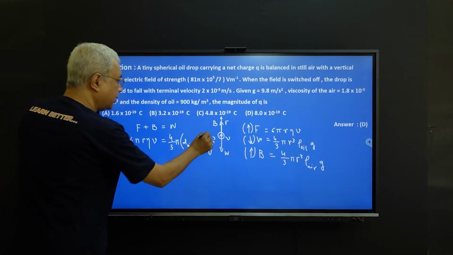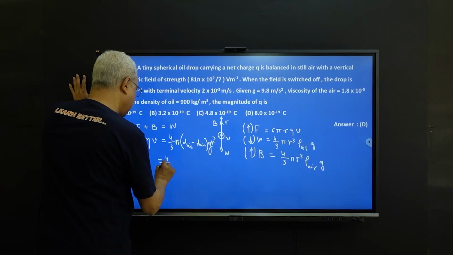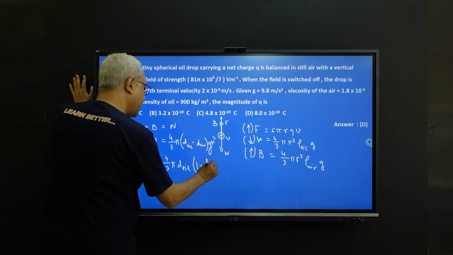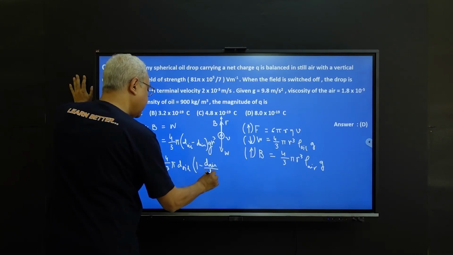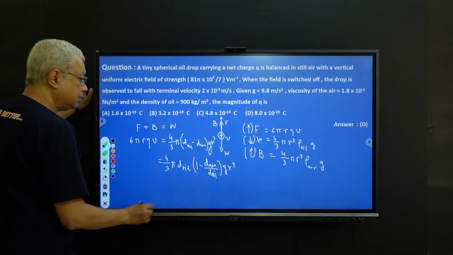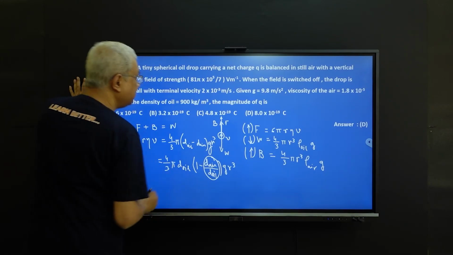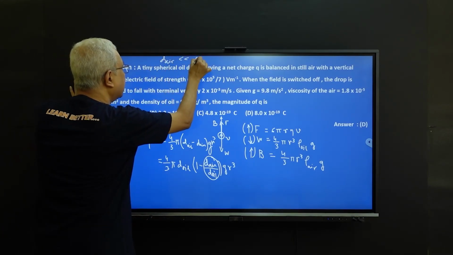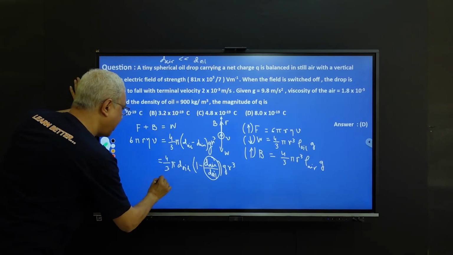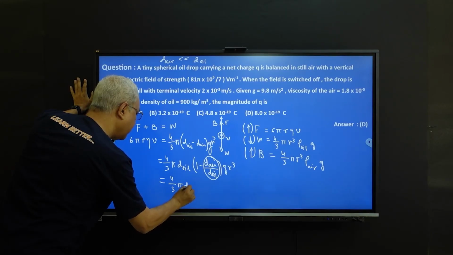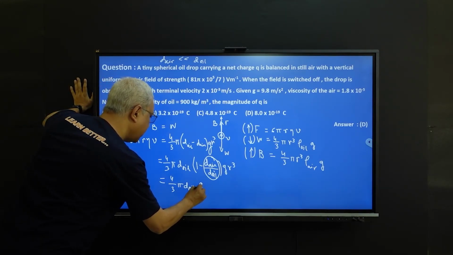Now you can take 4/3 pi, take d oil common, (1 minus d air by d oil) into g into r cube. This quantity I am neglecting because d air is much less than d oil. So I am left with 4/3 pi d oil g r cube.